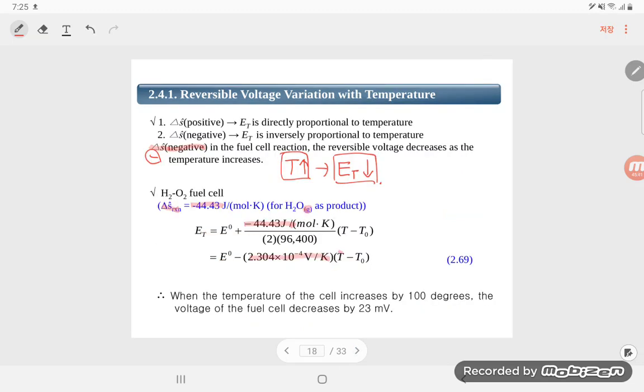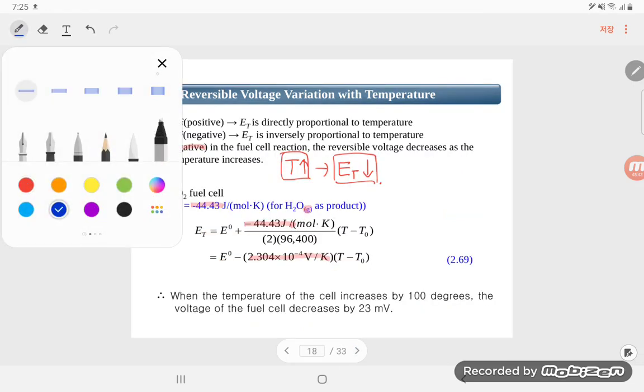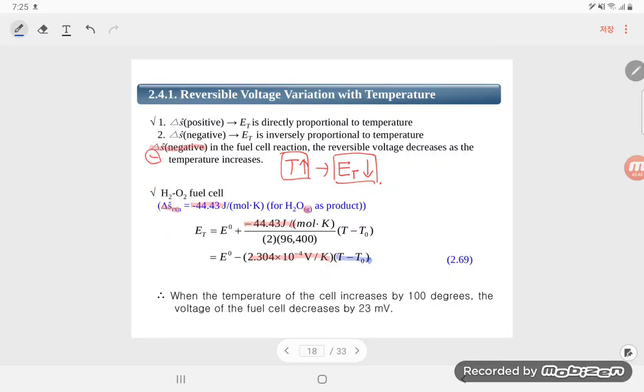And this is the value of T minus T0. So when the temperature of the cell increases by 100 degrees Celsius, the voltage of the fuel cell decreases by 12.3 millivolts.